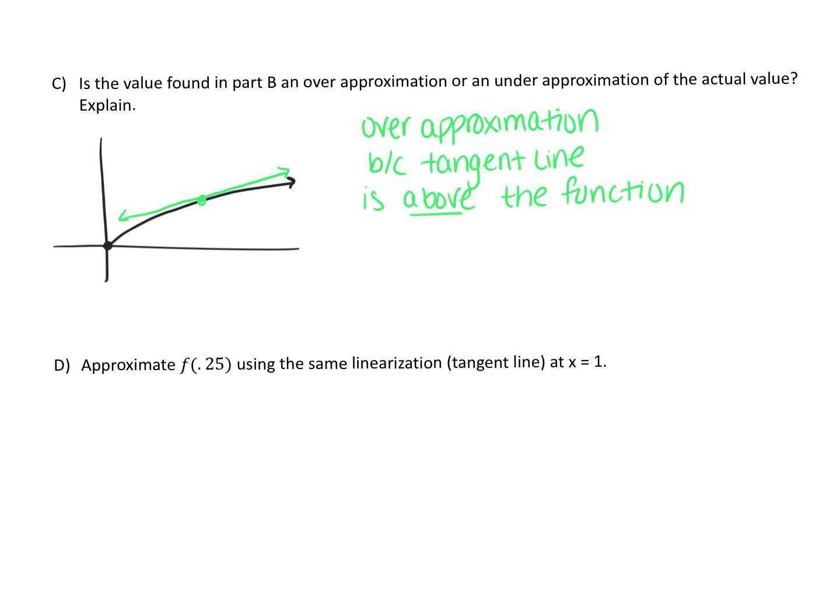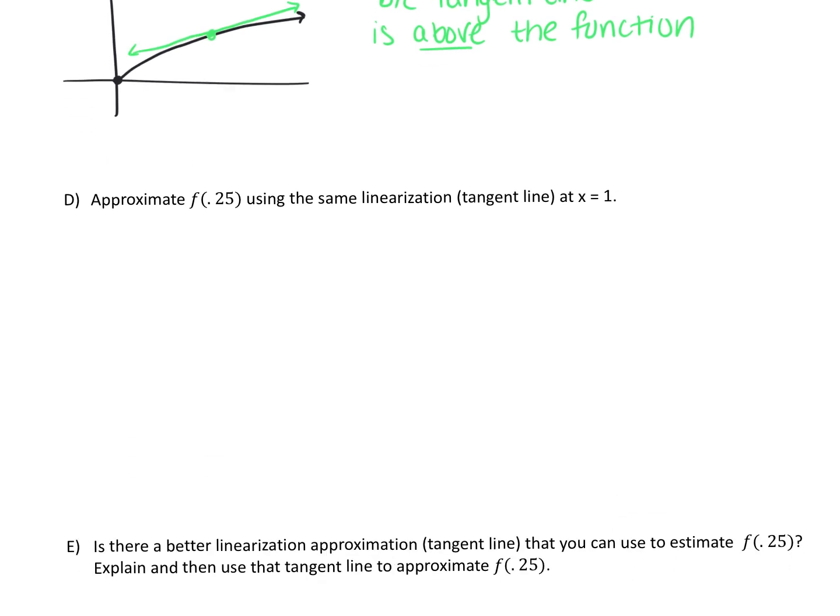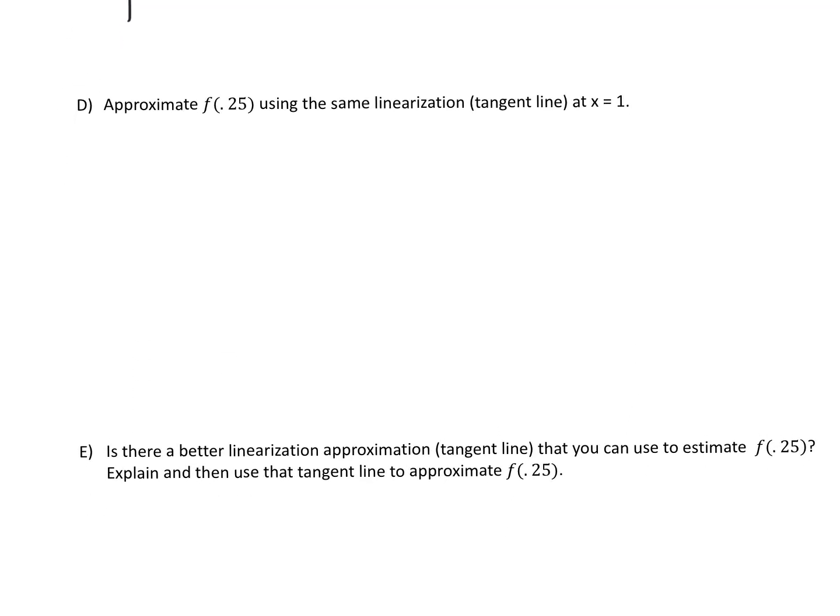Okay, part D. Approximate f of 0.25 using the same linearization or tangent line at 1. So the line that we had before was y minus 1 equals 1/2 (x minus 1). So we're going to use the same line, and we want to estimate f of 0.25.